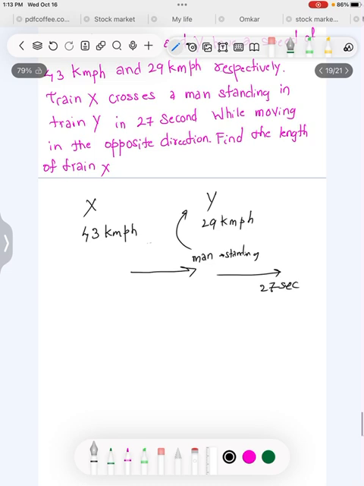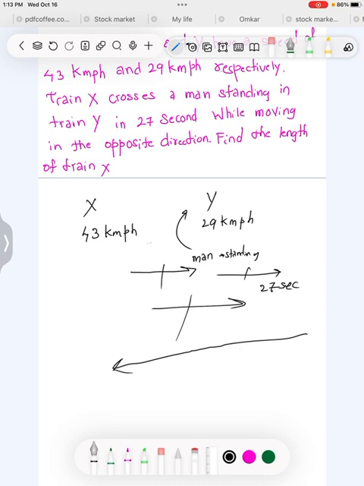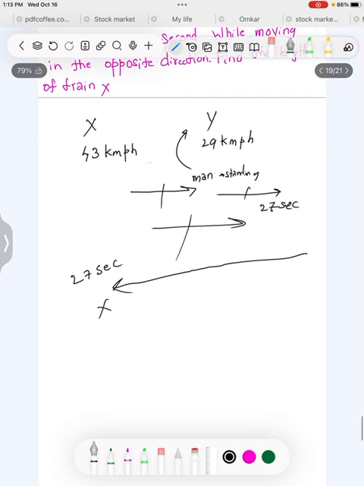It is not going in this way, actually it is going in this way. So it has crossed in 27 seconds. So find the length of the train. The question is, we have to find the length of this train.